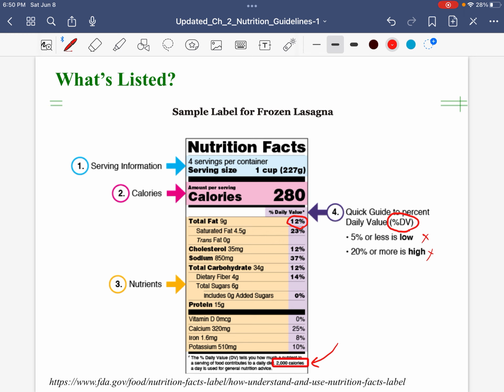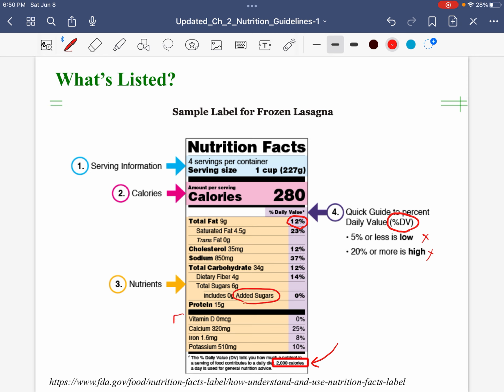Then it tells us how many grams of the macronutrients, fat, carbohydrate, protein. They'll do a breakdown. Something that's been new to this iteration of the nutrition label is they actually list out added sugars. Didn't always used to be that way. And then they'll include some of the micronutrients.